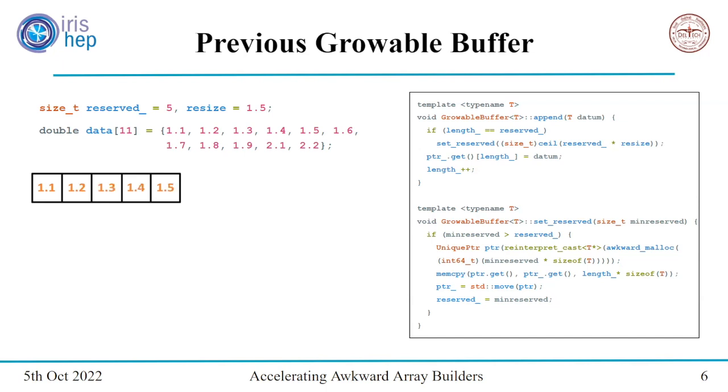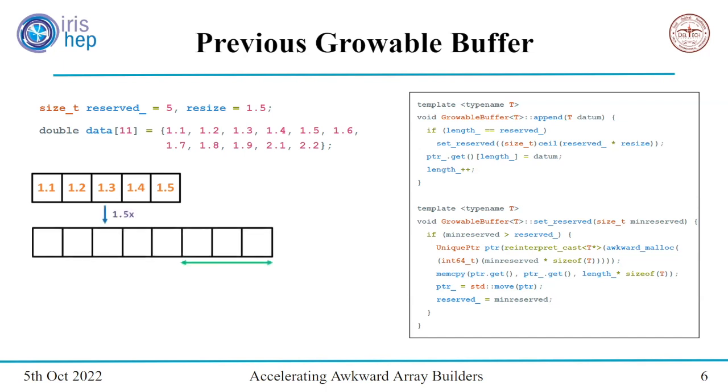Once the length equaled the reserved value, reallocation was triggered by the set reserve function, which changed the value of reserved by multiplying it with the resize factor and taking the ceil value. So a new pointer was allocated with the size equal to the new reserve. A copy operation was performed, which copied the previously added elements into the reallocated buffer, and the append operation continued.